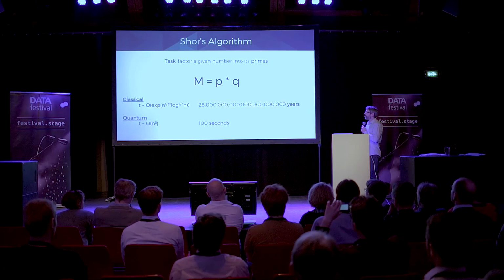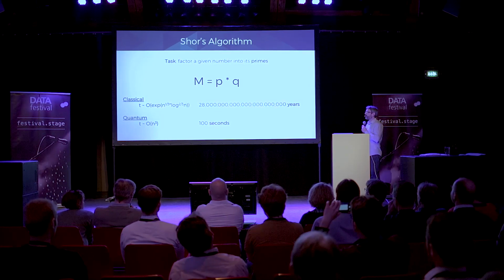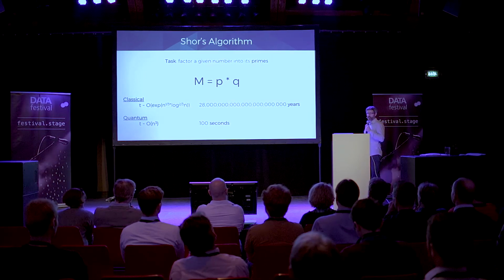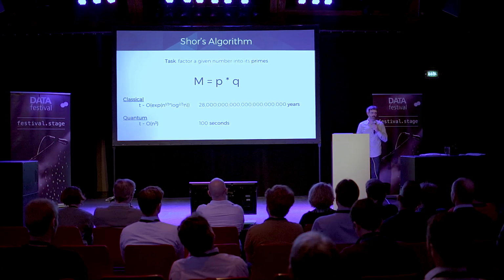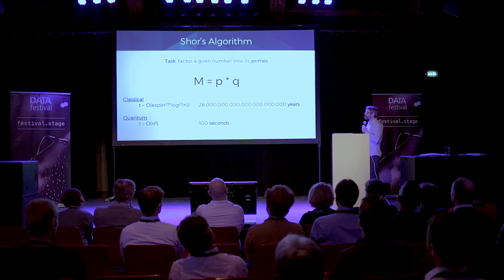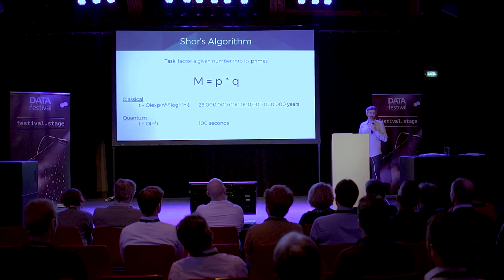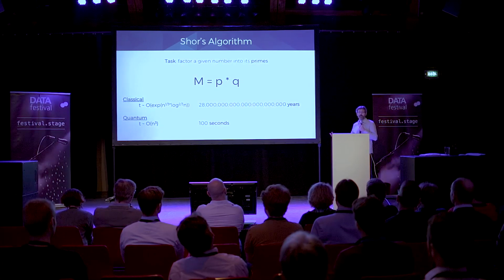If I give you a large number n over here and ask you to give me the primes p and q that constitute this number, then that is a really, really hard problem to solve on a classical computer, given that n might be a rather huge number.